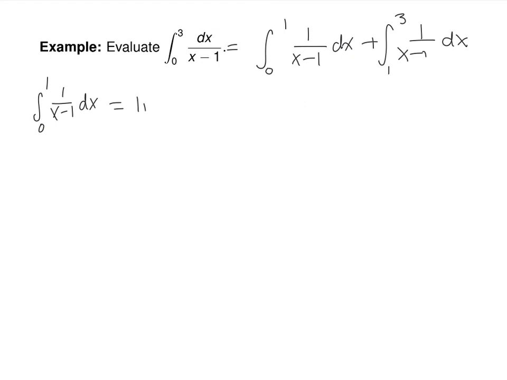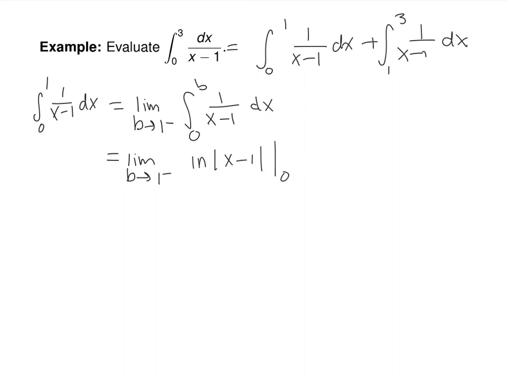So we have to take the limit as b goes to 1 from the left, integral from 0 to b of 1 over x minus 1, which is the limit as b goes to 1 from the left of ln absolute value x minus 1 from 0 to b, or the limit as b goes to 1 of ln absolute value b minus 1 minus ln absolute value negative 1.